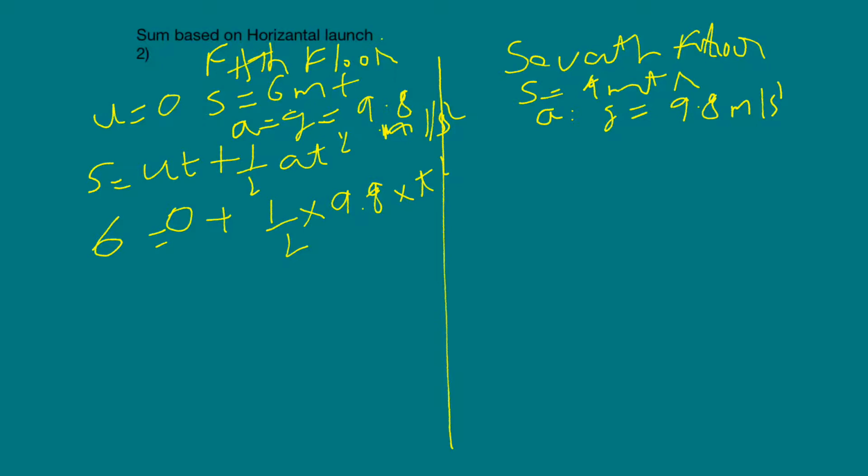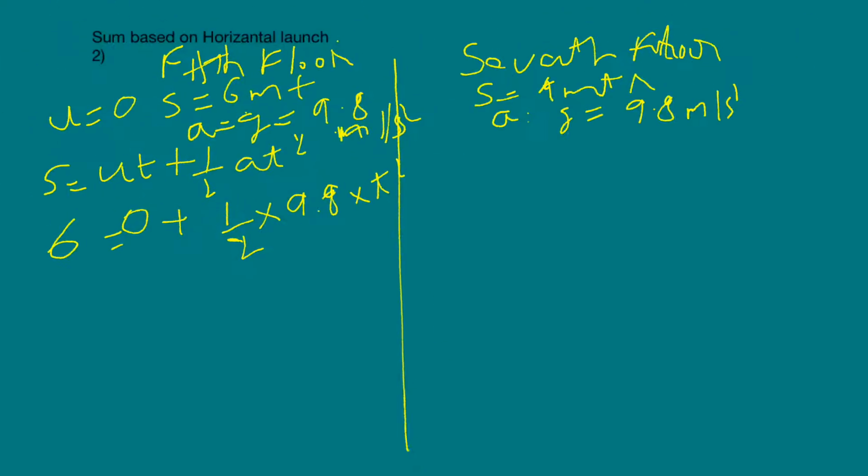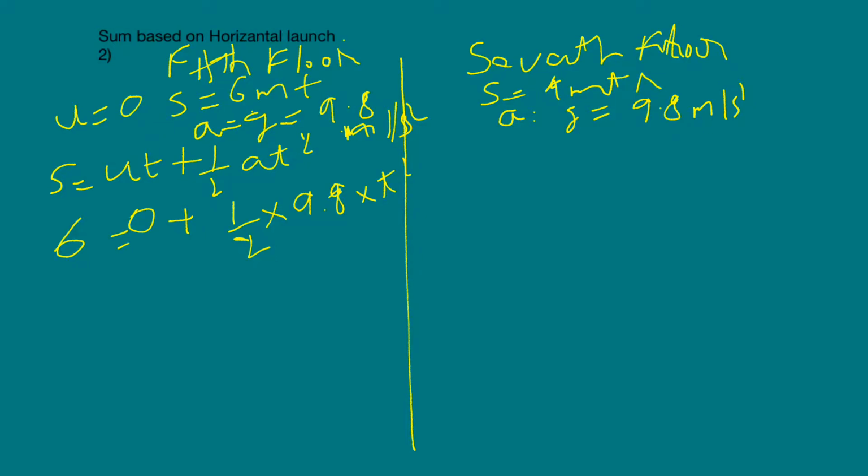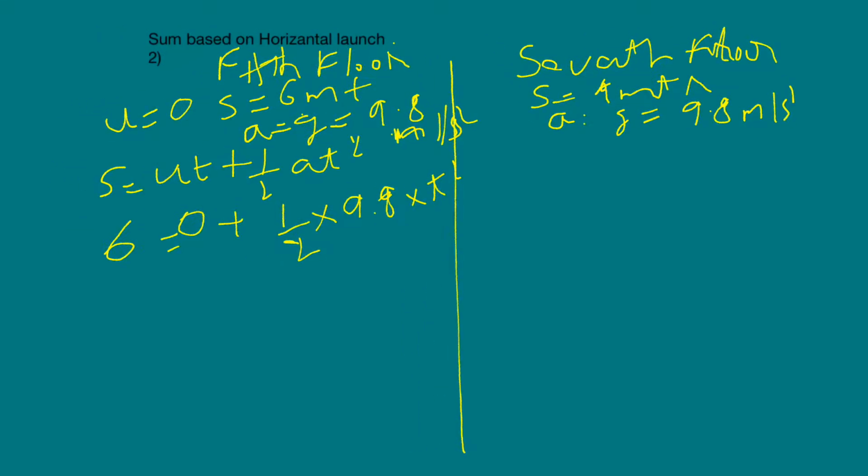So here we can write this 2 will come up, so 6 into 2 divided by 9.8 equals t square. So here we can write 12 upon 9.8. So t square equals 12 upon 9.8.